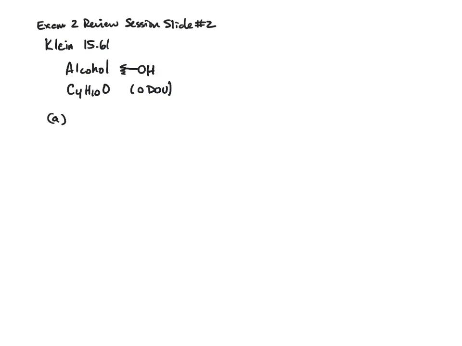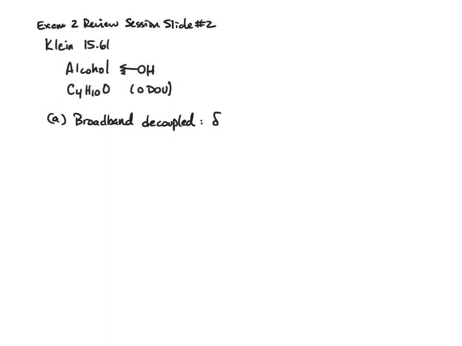So here's the data, and they use this word, broadband decoupled. That's a fancy word. Broadband just means it's the carbon from 0 to 220 parts per million. Decoupled means every carbon peak looks like a single peak. You don't see any splitting associated with it, so just a normal carbon.